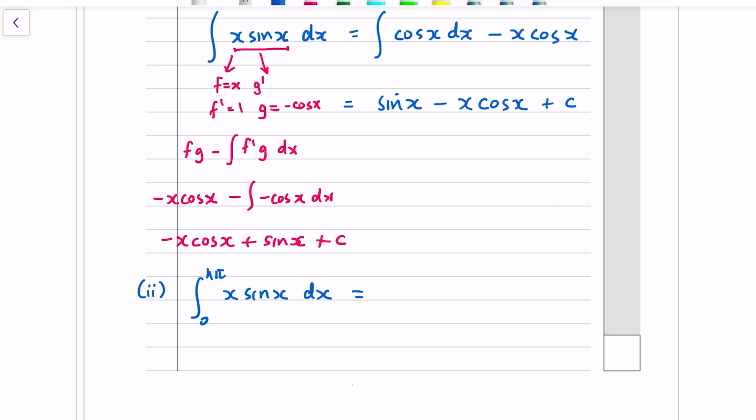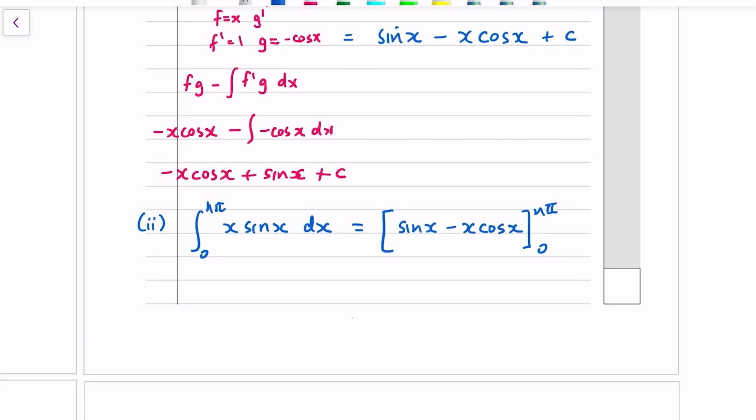Well, that's just going to be evaluating this between n pi and 0. For any value of n, sine of n pi is going to be 0. Sine of 0, sine of pi, sine of 2 pi, it's always 0.